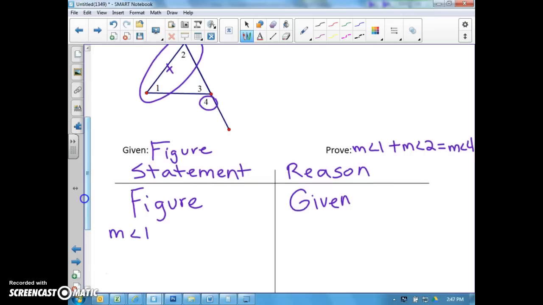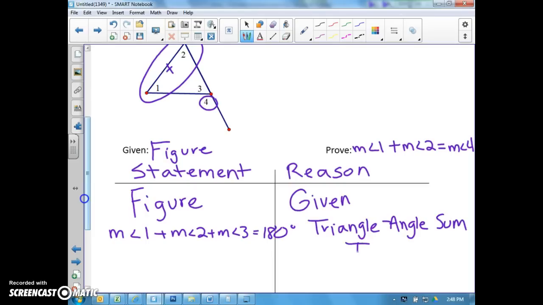So I know the measure of angle 1 plus the measure of angle 2 plus the measure of angle 3 must be 180 degrees. And I know that by the triangle angle sum theorem. We just proved it. We know it is true.